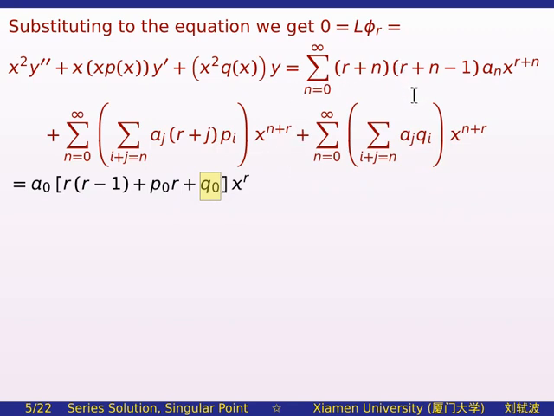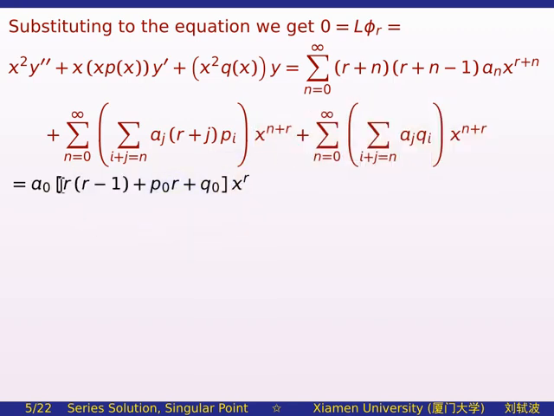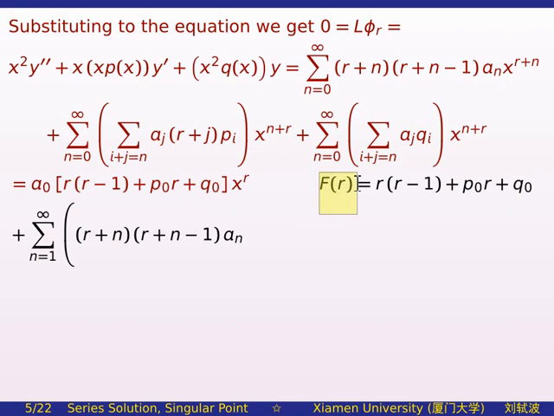So in the sum of these two series, the coefficient of x to the r is a0 multiplying this function of r. This function, denoted by capital F r, gives the indicial equation if we let F r equal to 0. So this is the exponent r that should be satisfied.